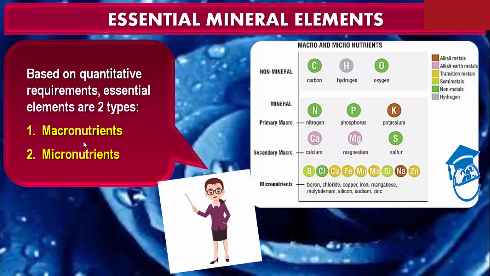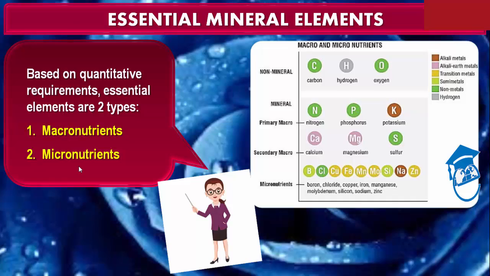Of these, carbon, hydrogen and oxygen are obtained from carbon dioxide and water, while others are absorbed from the soil as mineral nutrition.